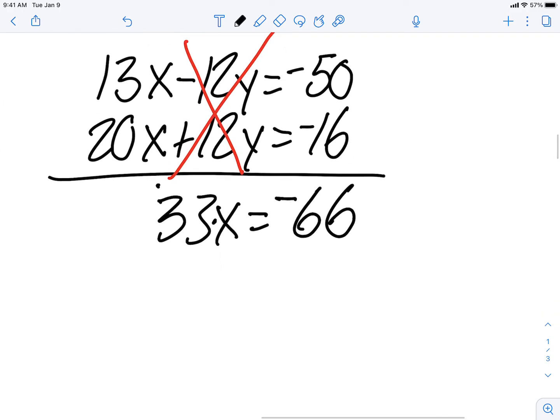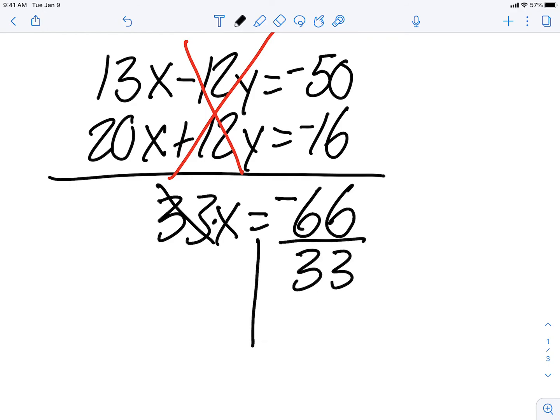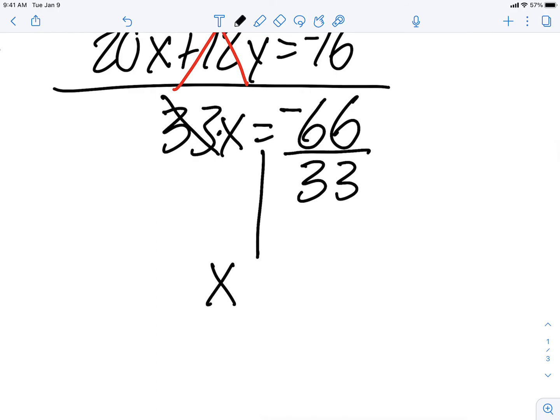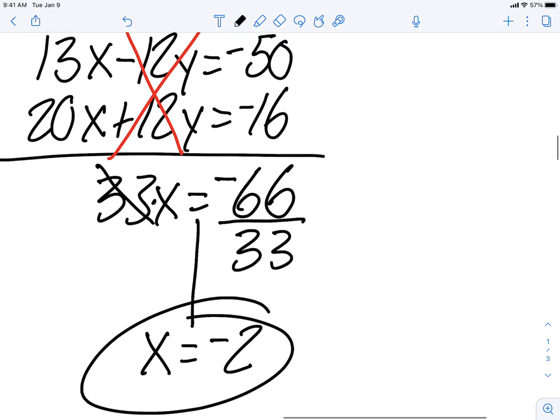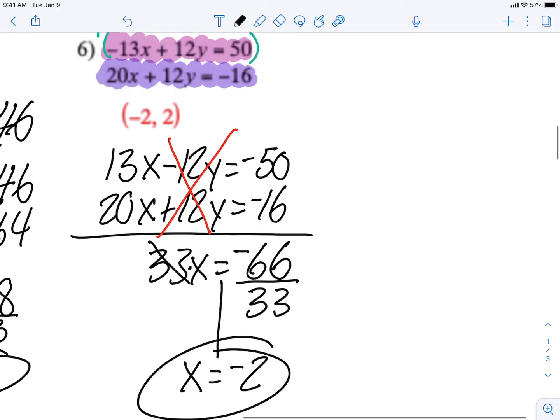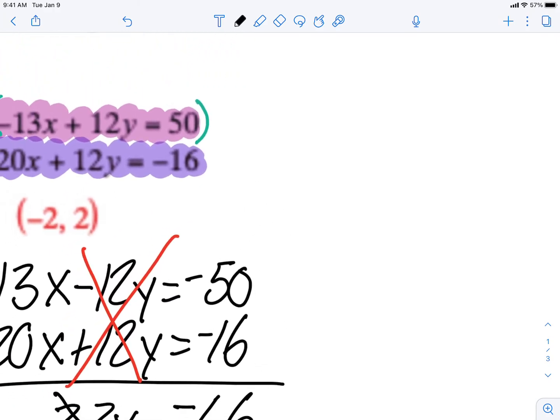The opposite of multiplying by 33 is dividing by 33. So I get x is equal to negative 66 divided by 33 is a negative 2. Look at that. Halfway there, right? Almost y. So let's pick purple.